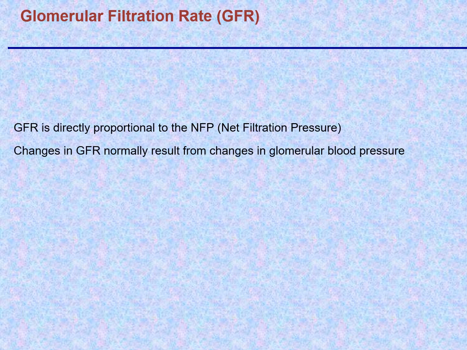In terms of glomerular filtration, the rate of formation of filtrate by the glomeruli is directly proportional to the net filtration pressure. So changes in GFR normally occur with changes in glomerular blood pressure. Glomerular blood pressure, of course, is a major factor in determining what NFP, net filtration pressure, is.